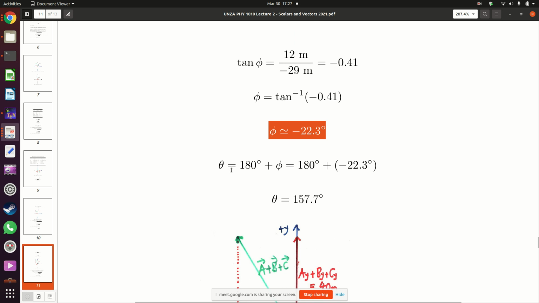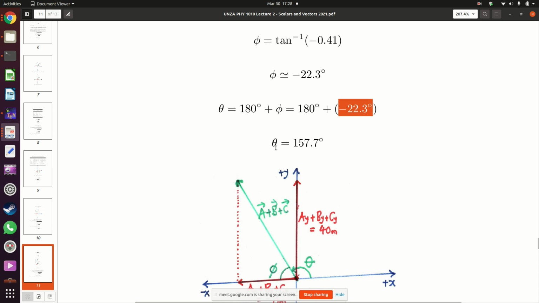So we say theta is going to be equal to 180 degrees plus phi. If phi was positive, then it would be 180 degrees plus a positive angle. But in this case, phi is negative, so we're going to get 180 degrees plus minus 22.3 degrees. And we get theta equal to 157.7 degrees.